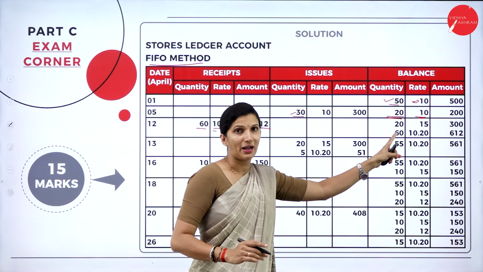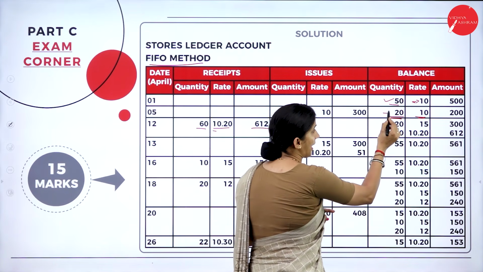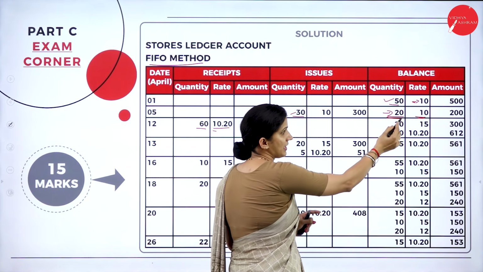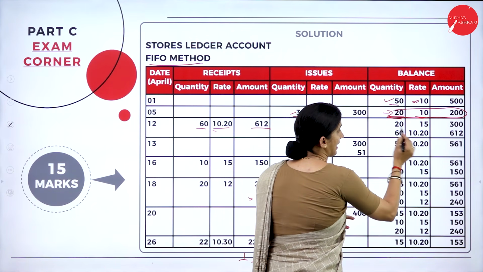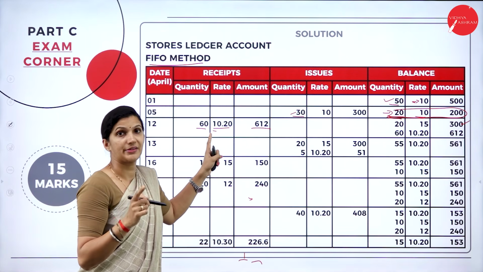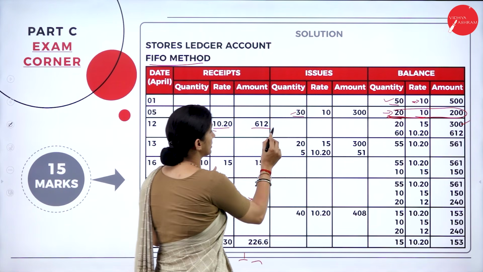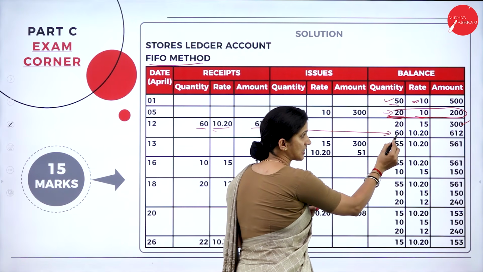So when we write the balance, what do we have to do? The previous day balance you have is 20. That has to be written first, so the entire balance you write first as it is. Now, the additional purchase received, it is 60. This goes to the second lot. You need to show it in the second lot, 60 units.